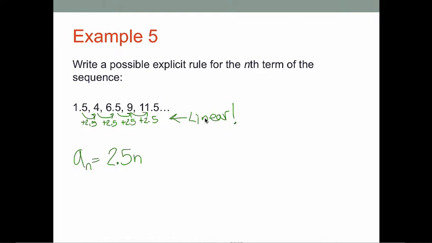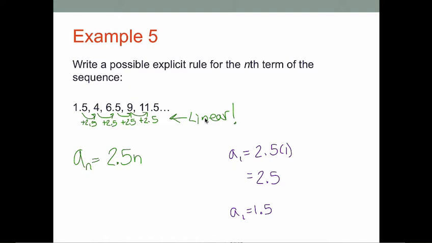So let's test it out. A sub 1. Well, if I plug 1 in, I'd get 2.5 times 1. But that's just 2.5. And we know a sub 1, according to my list of numbers here, my very first term is 1.5. So now we have to think about, well, what do we need to do to get from 2.5 to 1.5?